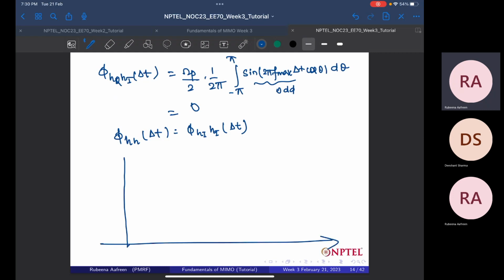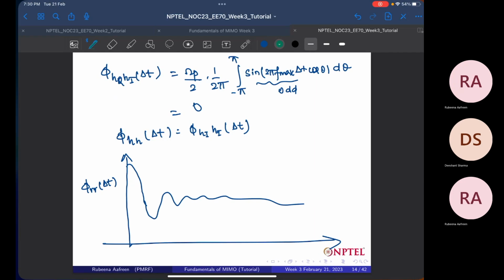So what will we say for correlation? Suppose this is phi r of delta t. Since the Bessel function is there, the signal energy will be decaying, so the plot would be like that.